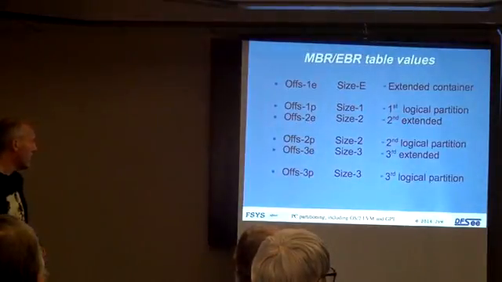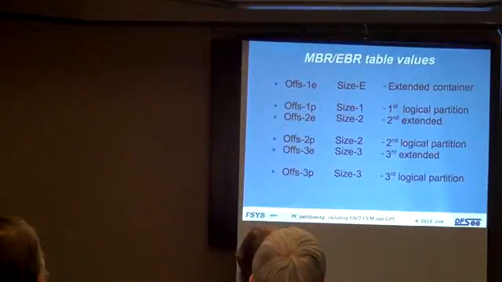So this is what it looks like more or less for each partition. There will be an offset and a size for a partition, and so on. In each partition table for a logical, you'll find 2 things. The first one is the offset from that point to the actual partition where a file system is for the logical partition.